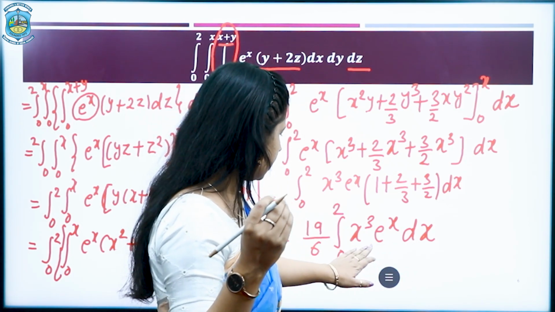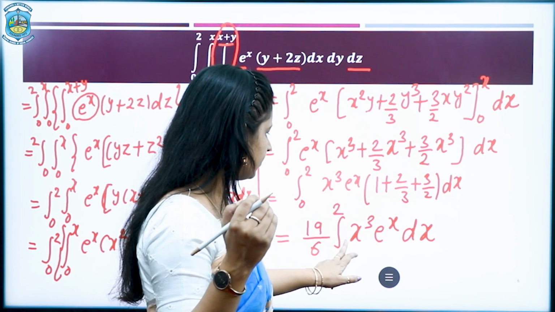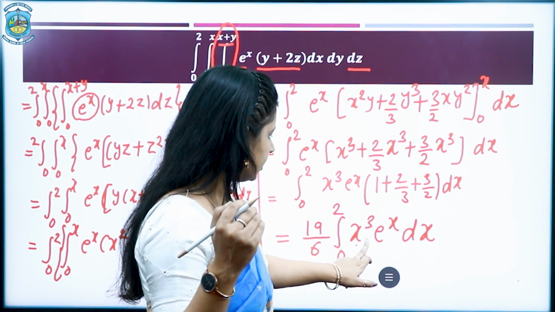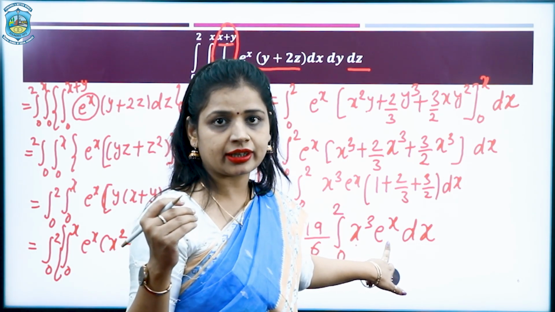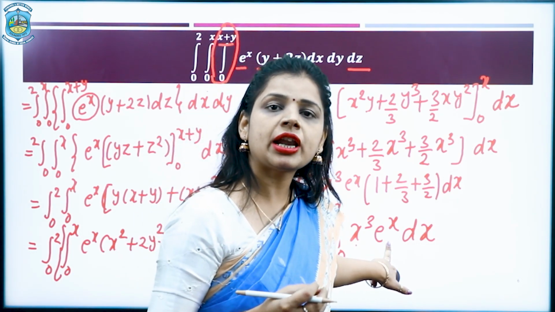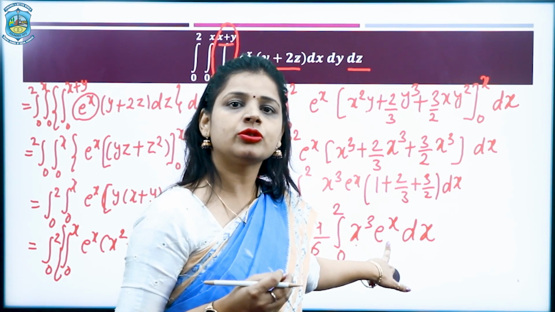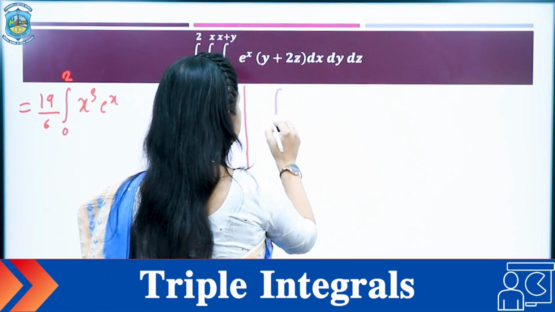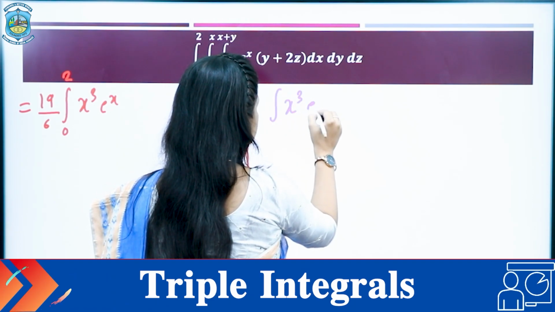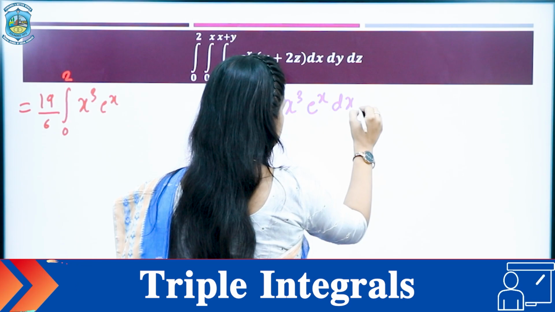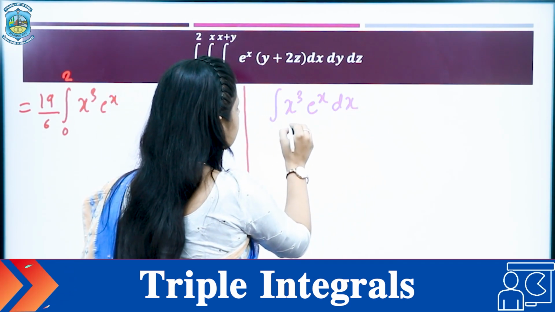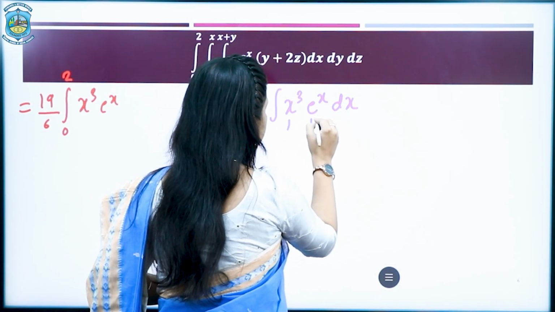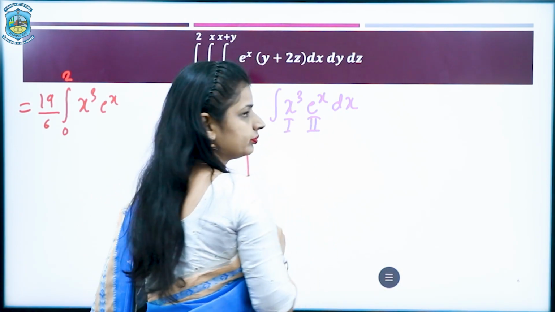Now, to further solve this integral, first we will find the indefinite integral of x cube multiplied with e to the power x. We have to apply integration by parts to get this integral. This would be the first function and this would be the second function.